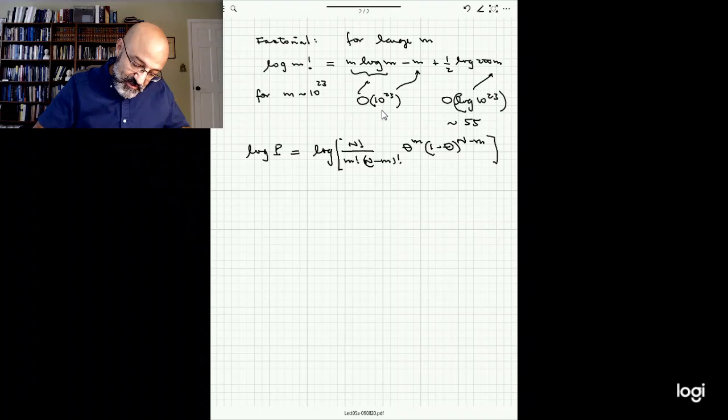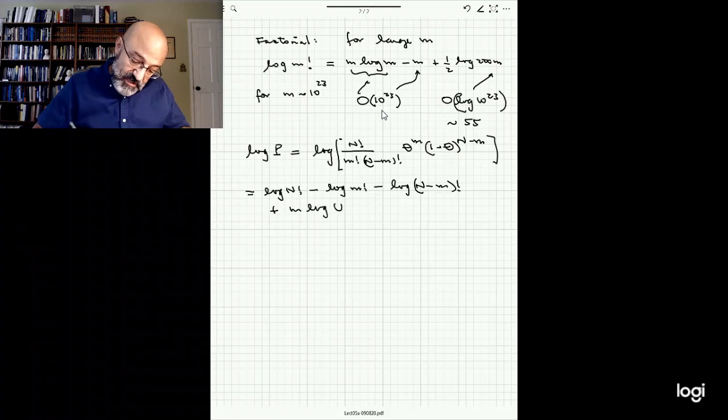Expand the log of the first: log n factorial minus log m factorial, and these are the terms where we're going to use the Stirling approximation, minus log n minus m factorial, plus m log theta plus n minus m log 1 minus theta.